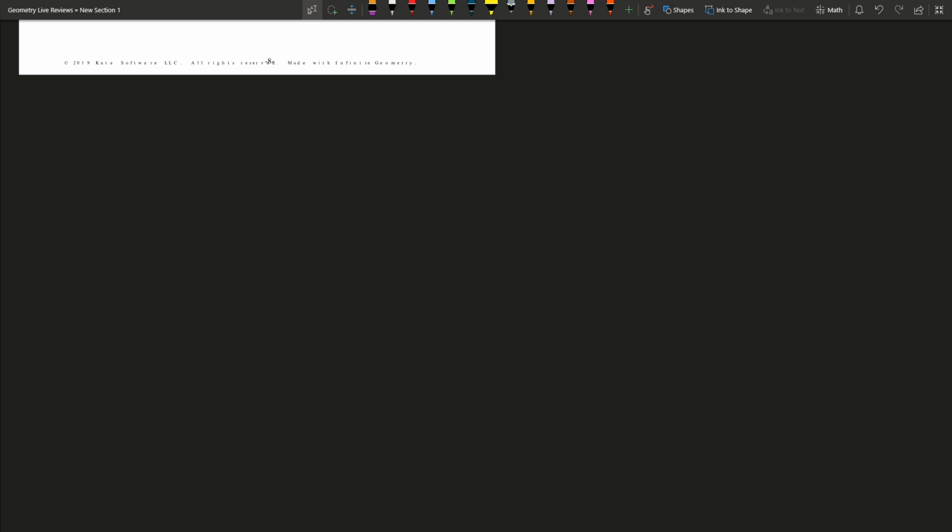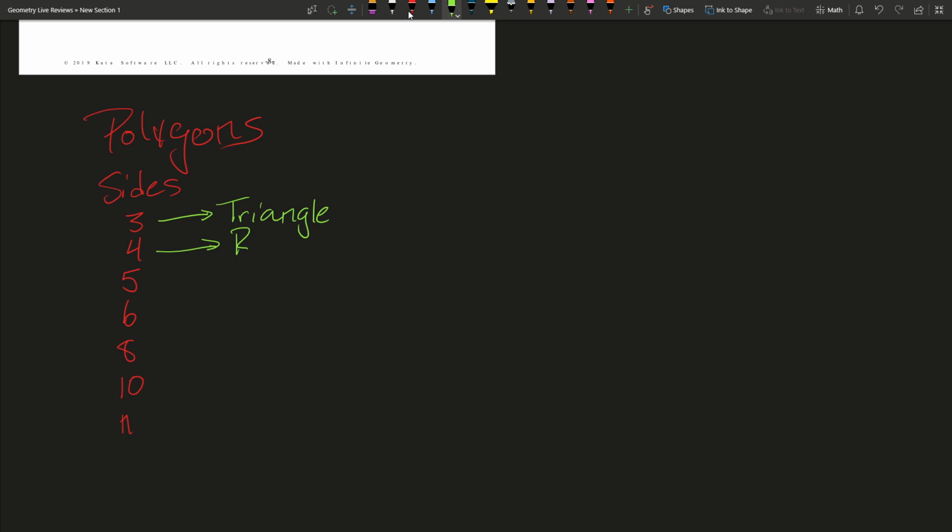Names of polygons, we need to know three, 4, 5, 6, 8, and 10, and then n. So 3 sides is a triangle. 4 sides, rectangle, quadrilateral.